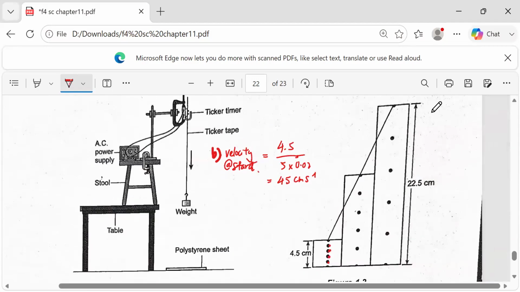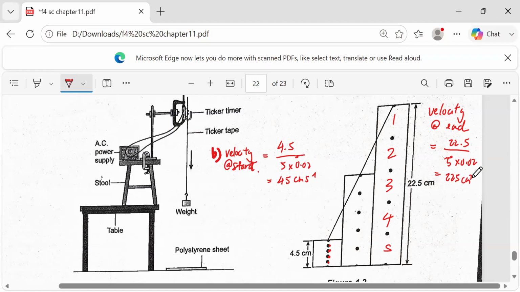And then the velocity at the end. Now the distance is 22.5. Okay, is the time still the same? 1, 2, 3, 4, 5. The same? Yes. 5 times 0.02. So the velocity at the end is 225. Okay? Alright, acceleration.